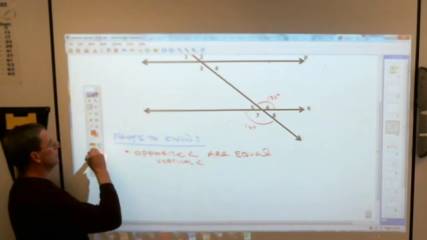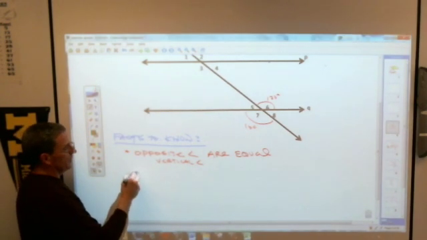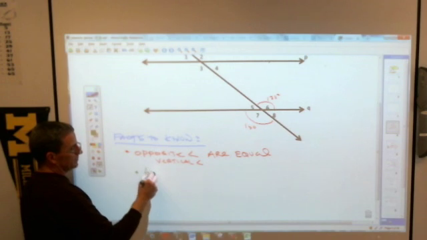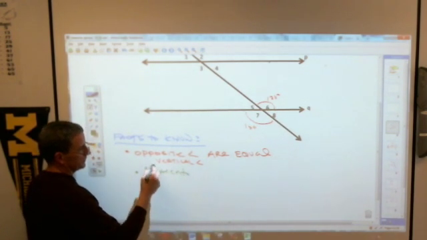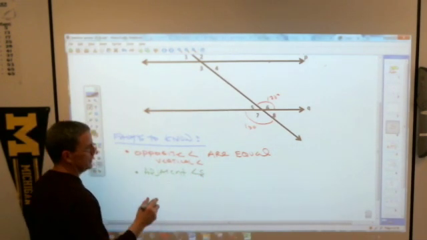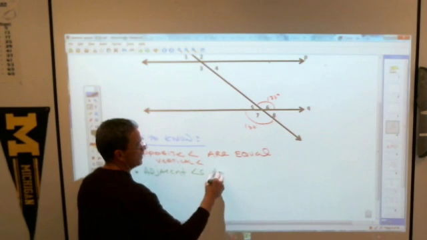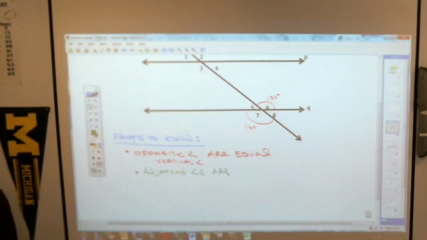Important fact number 2. You may be able to guess some of these. We also talked about adjacent angles. Those are ones that form a common side when they're split from the intersecting lines. Adjacent angles are... I don't want the definition.